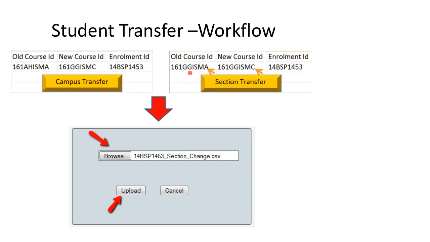So this tool is useful for these 2 scenarios, either transferring from one campus to another or from one section to another. So they create a CSV file. All this is done by our campus-level Moodle administrators, not faculty members. So they upload this and that's it.